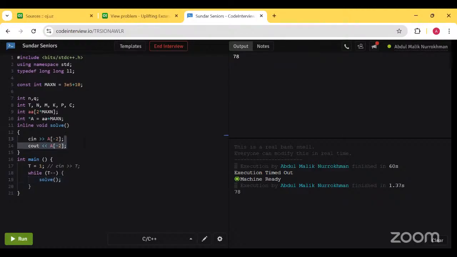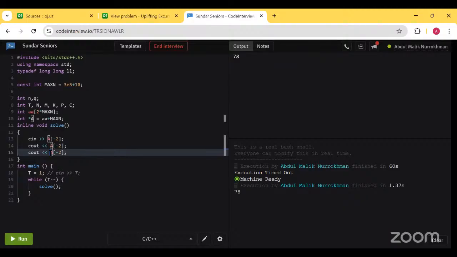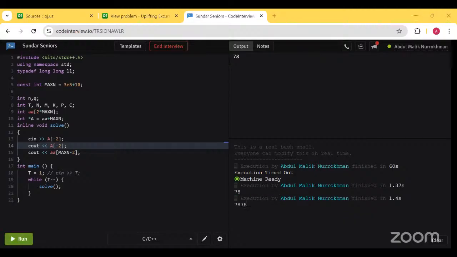Actually, a minus 2 is equal to double a maximum n minus 2. All right. Yes, me too. I also usually use it like this, but my friend told me about this way.